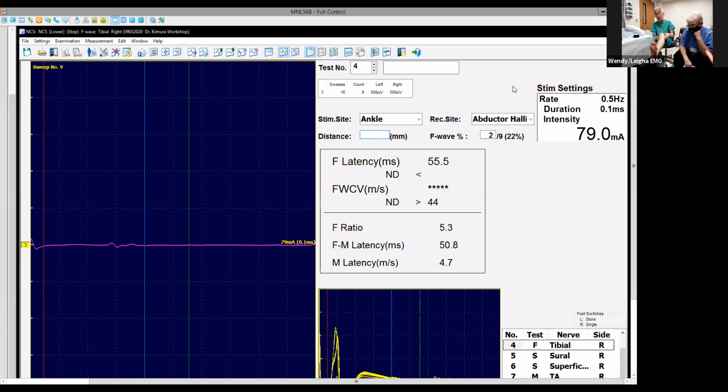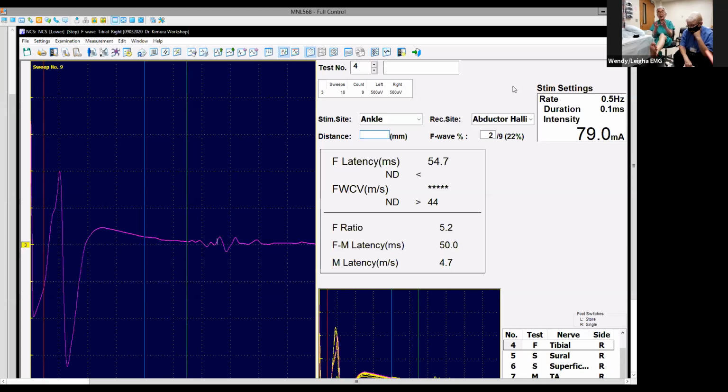I just want to make sure that everybody understands that. Recording is very non-specific, and therefore stimulation has to be specific. In order to make stimulation specific to the nerve, you have to watch the movement of the muscle, because that is the only way you know whether you are stimulating the tibial nerve or peroneal nerve or median or ulnar nerve. I think that is the message.